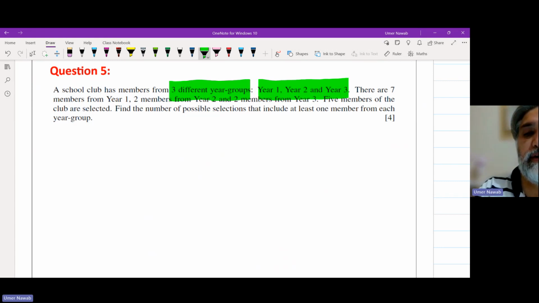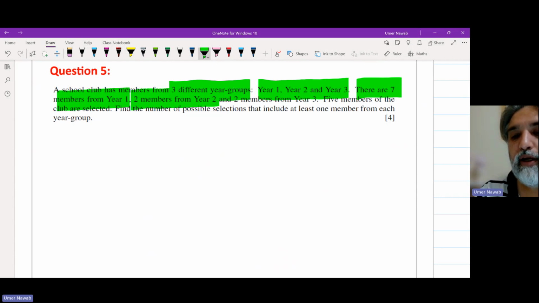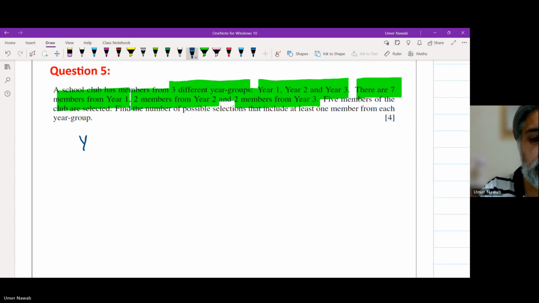Let's check how many are in each group. There are 7 members from Year 1, 2 members from Year 2 and 2 members from Year 3.